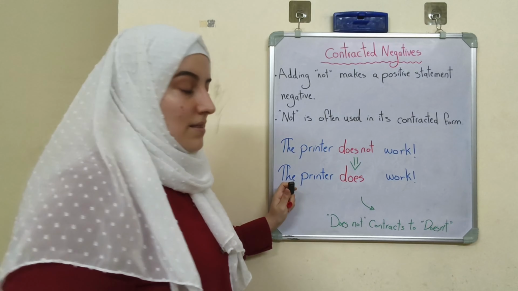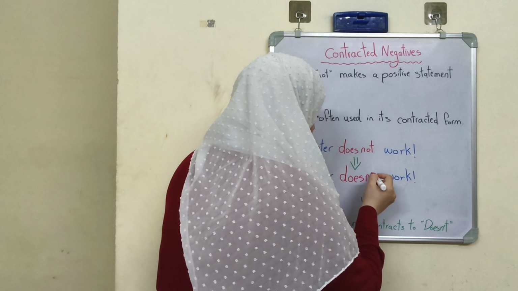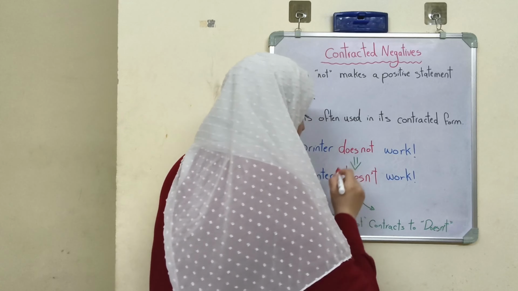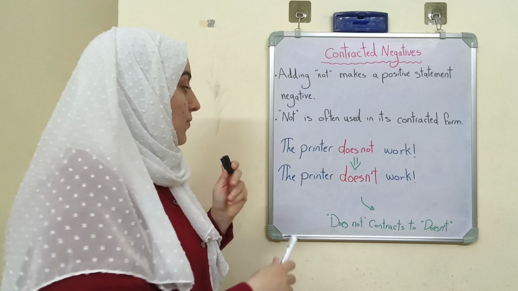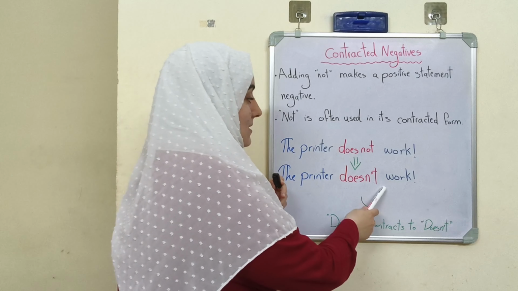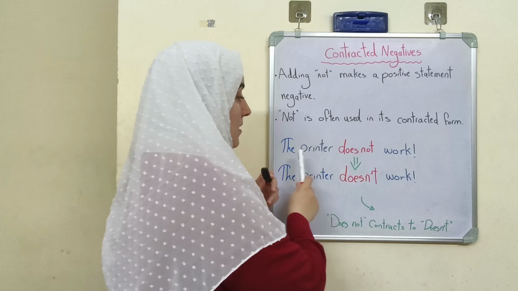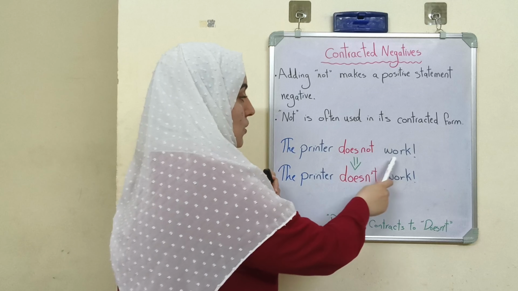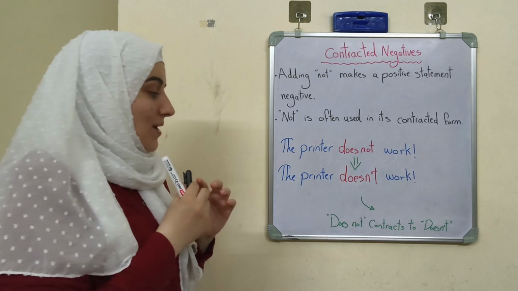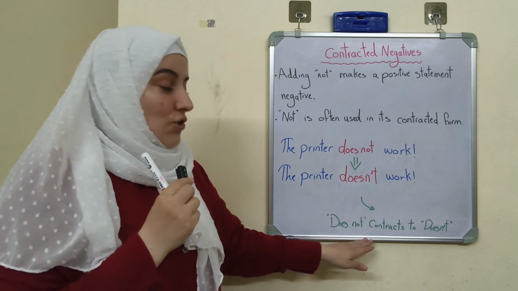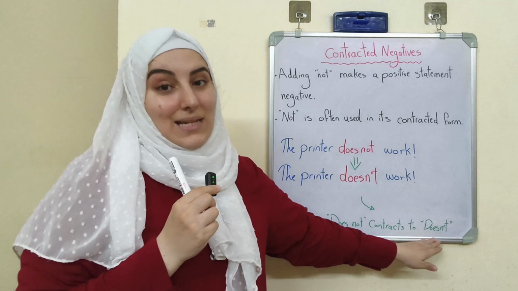Does, and then N apostrophe T. Doesn't. So the printer does not work. The printer doesn't work. So does not contracts to doesn't.